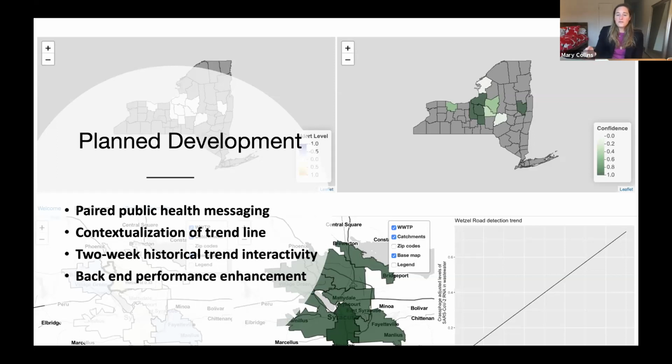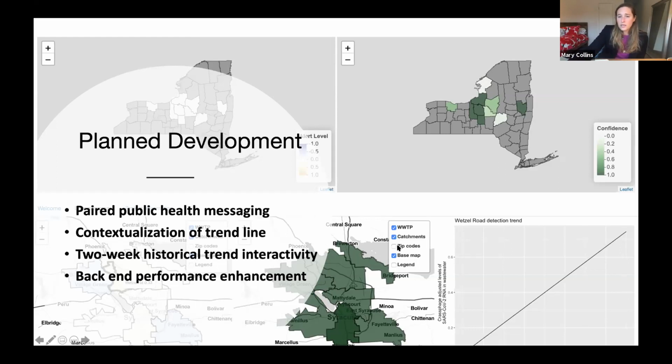And so what would be very helpful to them is to have some interactivity where you could have a 2-week historical trend where you could slide back in time to a time where you knew that there was a strain on the healthcare system and see what the wastewater results were at that point, just to learn more about how these things work.